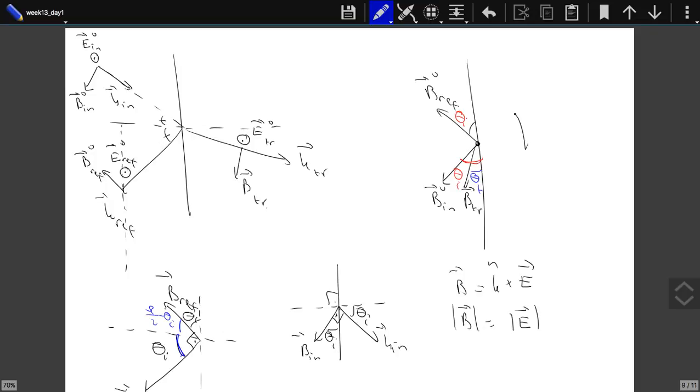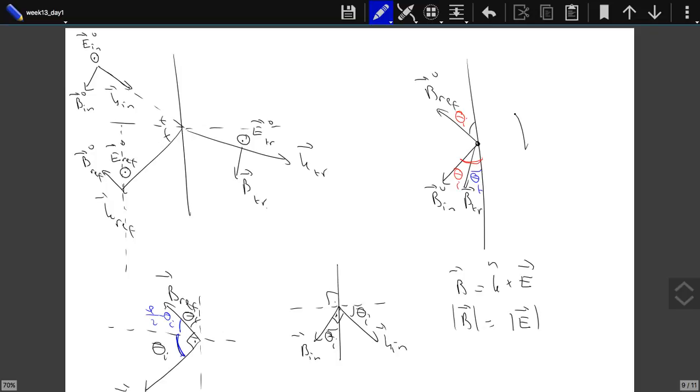Theta transmitted, that is correct. Now the angle that B transmitted makes with the surface should be related with theta transmitted.